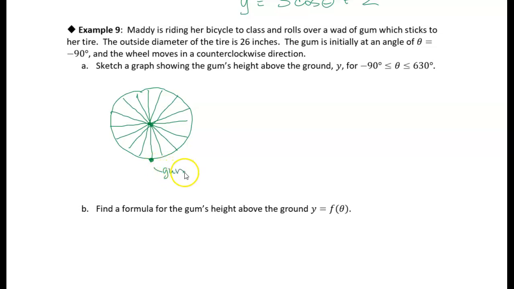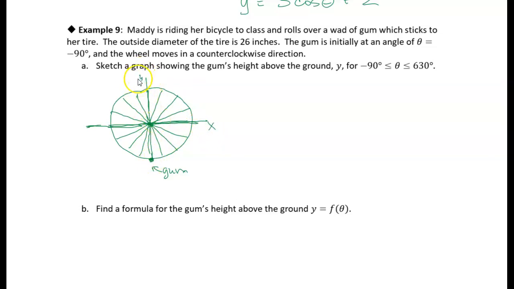We're starting out, it says, at minus 90 degrees, which would mean that a sensible axis across here, if we wanted to superimpose a coordinate plane, would be to call this the x-axis and this the y-axis.